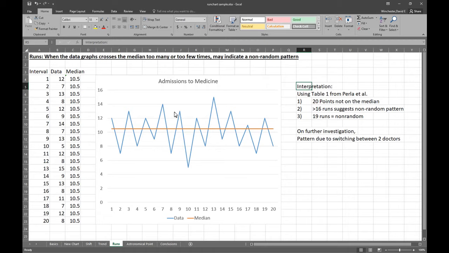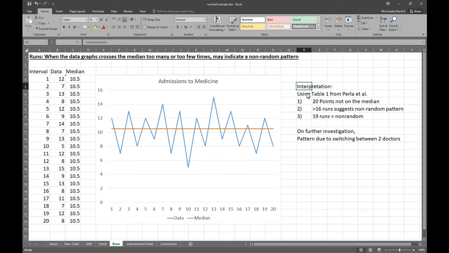What you need to do in order to determine if your runs are either too many or too few is you need to refer to a chart of rules that tells you how many runs you should have based on how many data points, how many observations you have in total. And so this goes back to that reference I gave you in the first video from Perla in BMJ Safety and Quality. And they've got a table that fulfills this need.